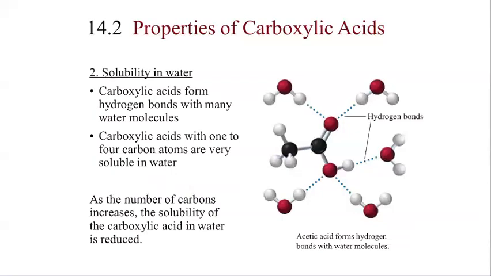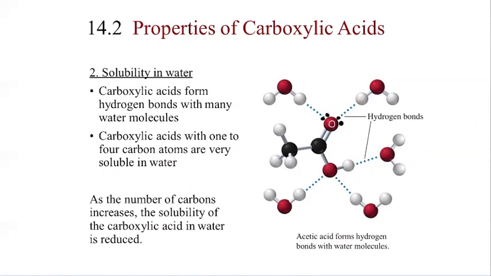So as you can imagine, carboxylic acids are going to be soluble in water. And look at all the hydrogen bonding events that can happen between them. Since your oxygen atom in your carboxylic acid has two sets of lone pairs, which I'm just drawing in, that's why it can have two hydrogen bonds with water molecules specifically.